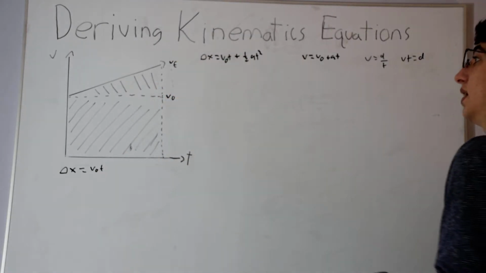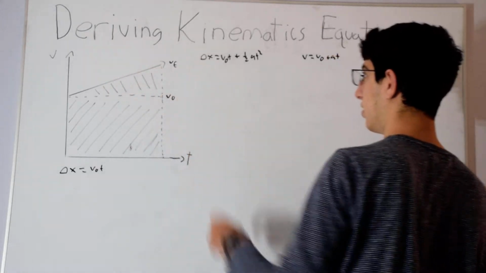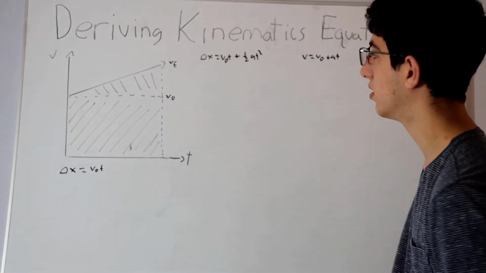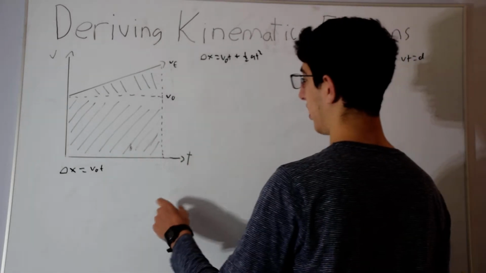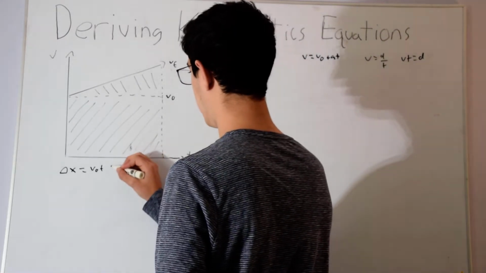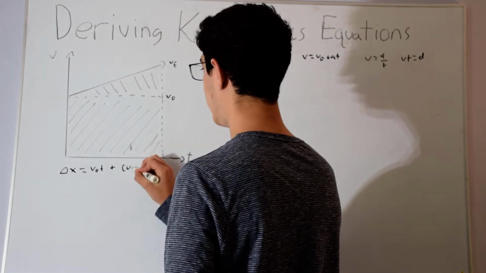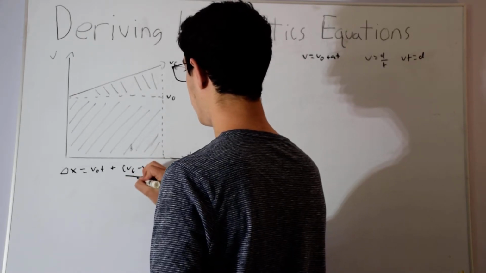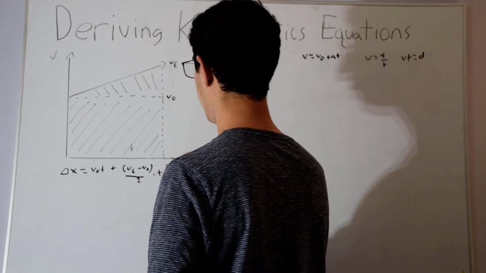And the area of this little triangle here is going to be the height of the triangle, or v final minus v0, times the width of the triangle, which is time, divided by 2. So let's write that down. Plus v final minus v0 over 2 times time.